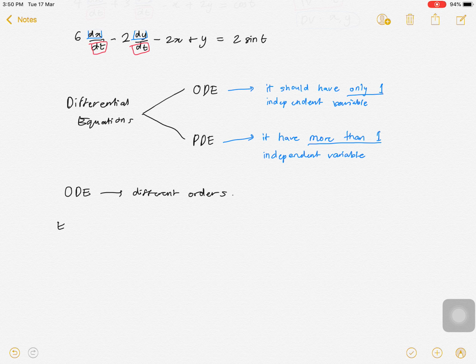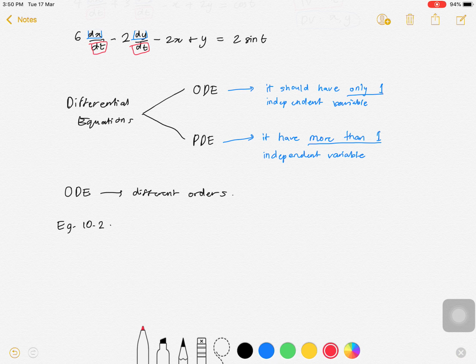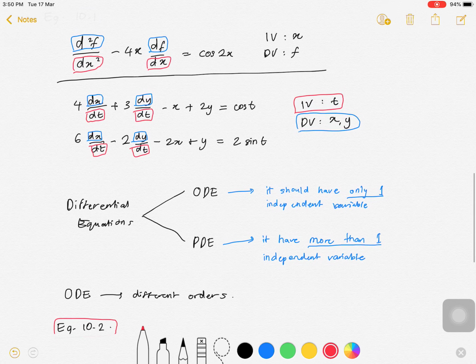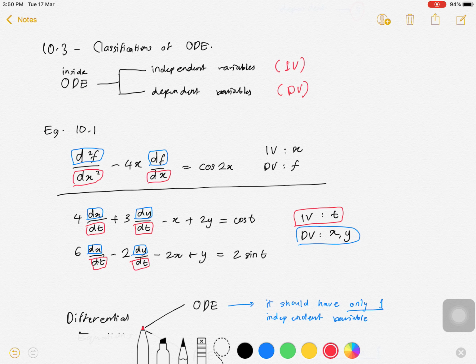So we go to example 10.2. We don't have to go to example 10.2 because actually we use the same equation as example 10.1.